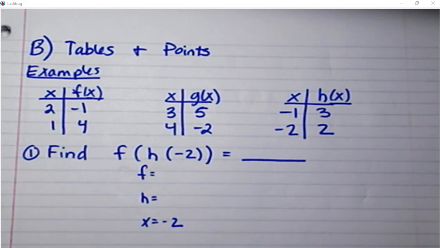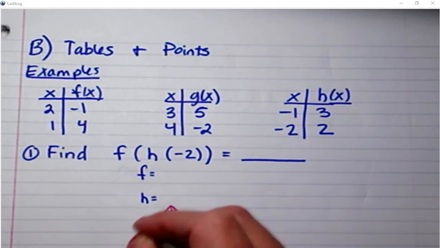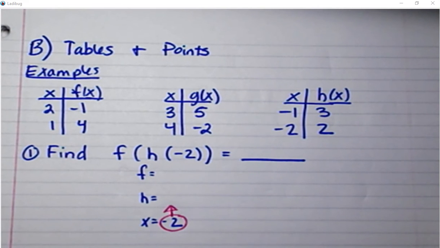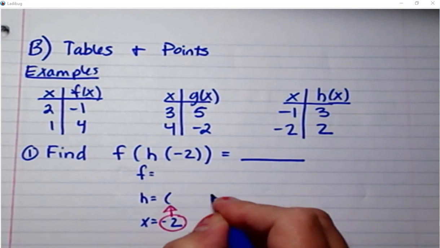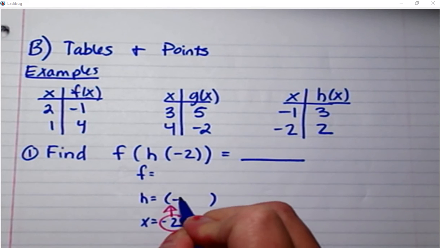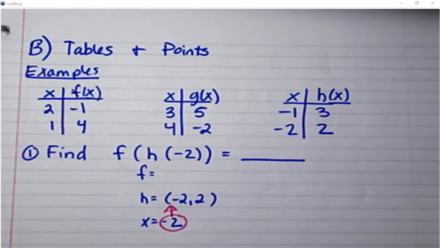Okay, so right here, H, -2 still needs to go into H. Okay, well this is H. So right here, I'm going to write the point -2, 2, because that's the point I have. Yeah, just 2 points. I could list a whole bunch of points, but we only need a few to work with.